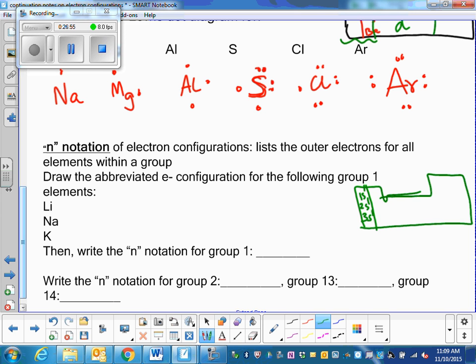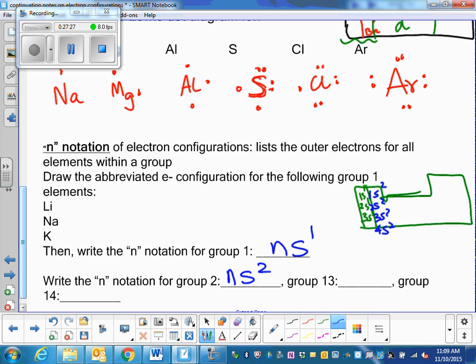So instead of writing 1, 2, 3, 4, 5, what do you write as the N notation for group 1? ns1. Does that make sense? Do you understand it? For group 2, how is it going to end? 1s2, 2s2, 3s2, 4s2, 5s2, and so on. So what will be the general electron configuration for group 2?